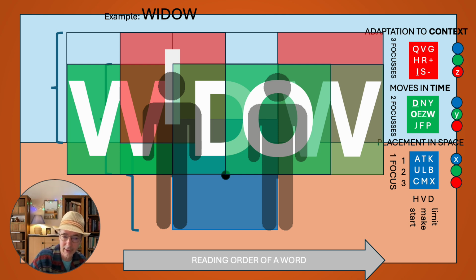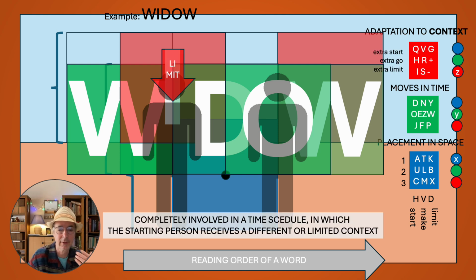So there is something that happened there. It's completely involved in a time schedule in which the starting person, which is what the widow is about, receives an extra context, E, and actually it is also that limited context. E is the third level of context.